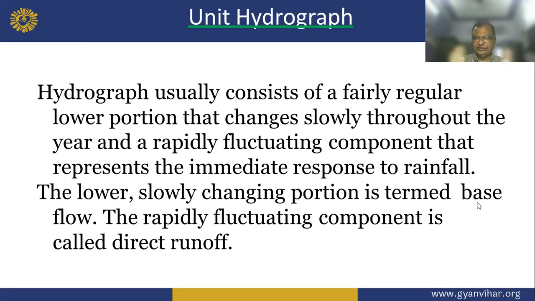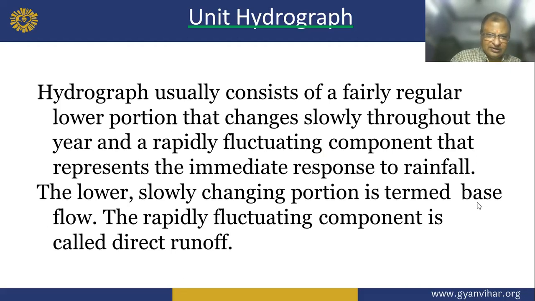Now we discuss the unit hydrograph, which is our topic. A hydrograph usually consists of a fairly regular lower portion that changes slowly throughout the year, and a rapidly fluctuating component that represents the immediate response to rainfall.